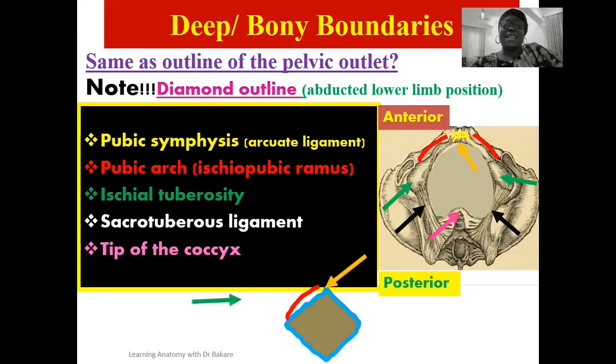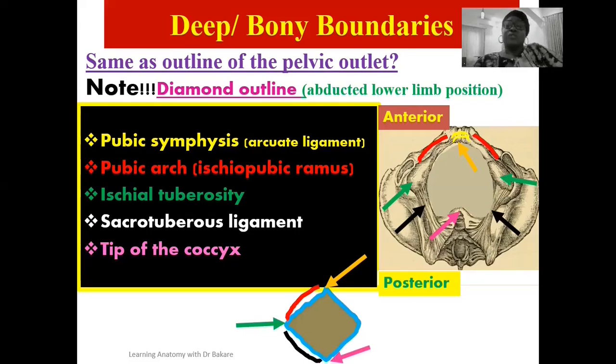Then at the lateral edge, because it's a diamond-shaped configuration, this region is formed by the ischial tuberosity, in green. If you go more posteriorly, at the posterior lateral region, we have the sacrotuberous ligament, highlighted here in black. Then at the posterior midline region, you have the tip of the coccyx forming the boundary at this point.